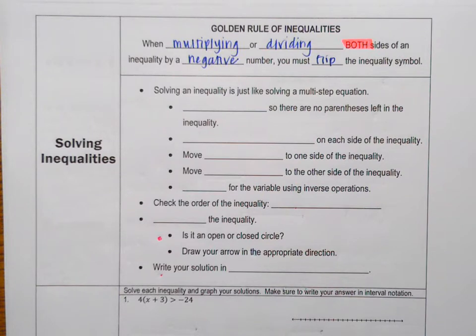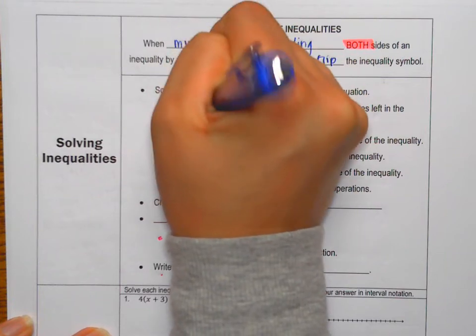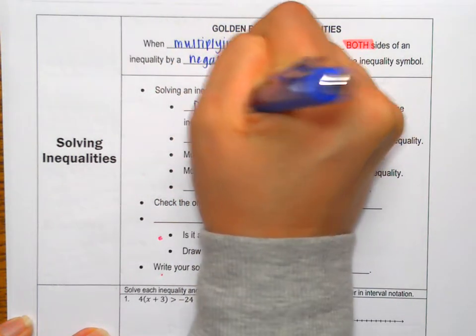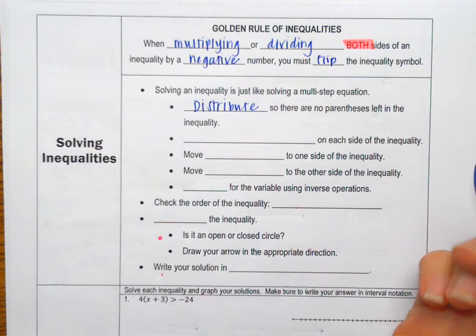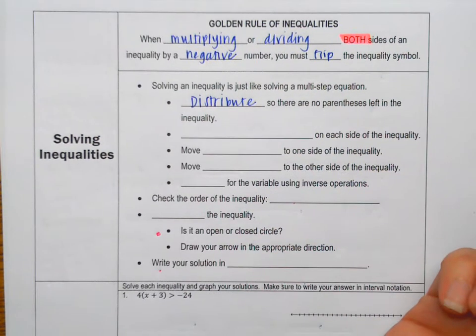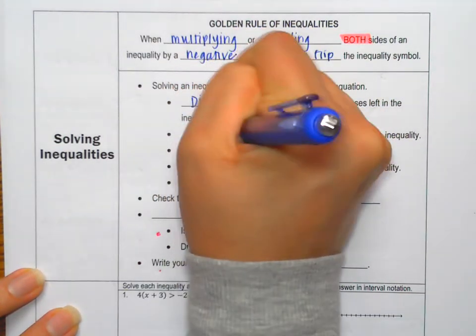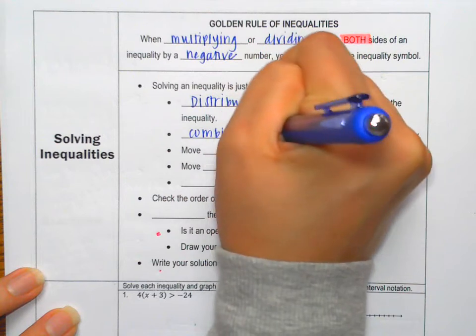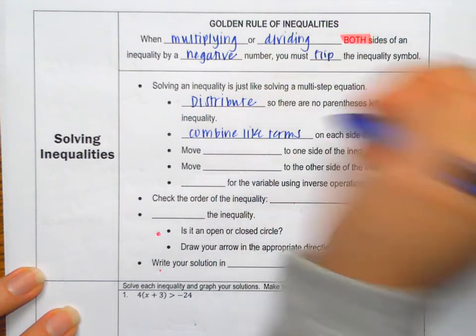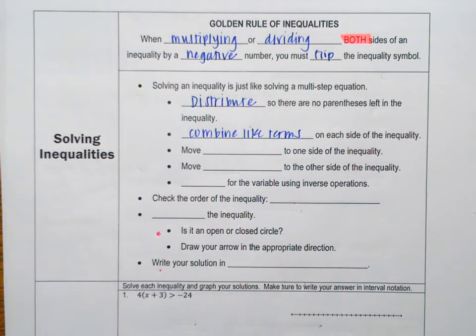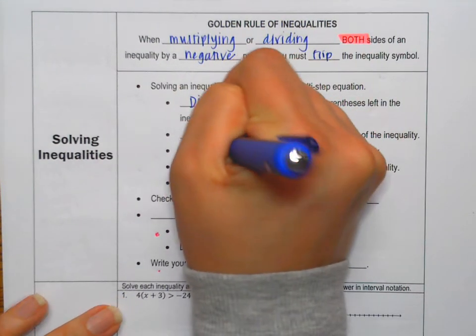So solving an inequality is just like solving a multi-step equation. First step is to distribute, so there are no parentheses left in the inequality. Then we want to combine like terms on each side of the inequality. After we've done that, we move the variables to one side of the inequality.